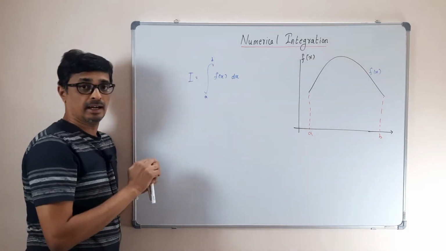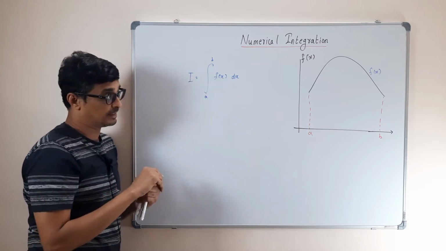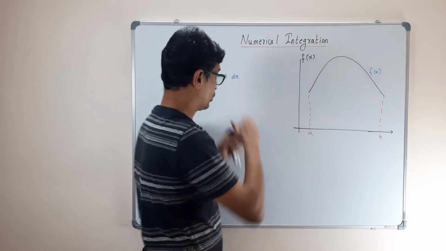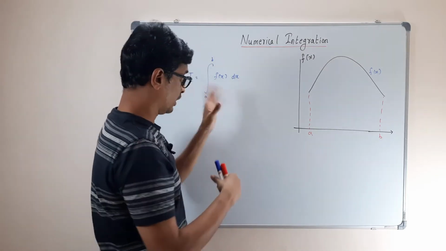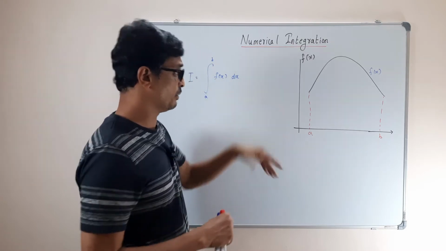The idea of how we are going to perform this integration numerically is, again, if your function f of x is smooth, we don't know what function it is. It can be any complex function, a special function, a function with a lot of complexity involved, it doesn't matter.